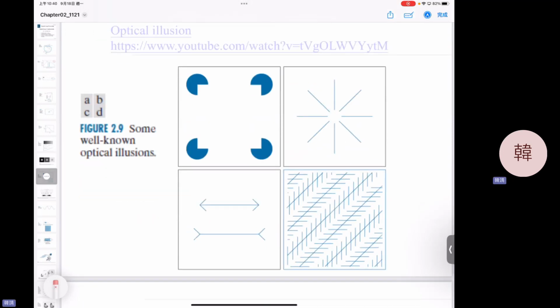Okay, do you see a circle here? Your eyes tell you there's a circle. Your eyes tell you there's a square, right? A square shape there. But you know there's no square, there's no circle at all. And how about this one? Can you tell me which line is longer?